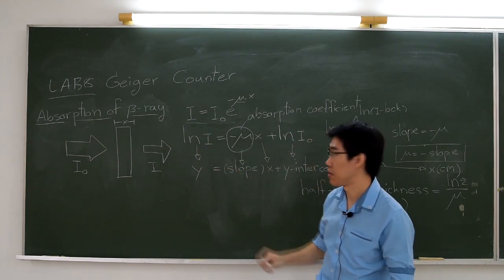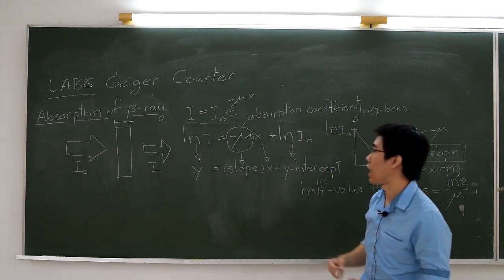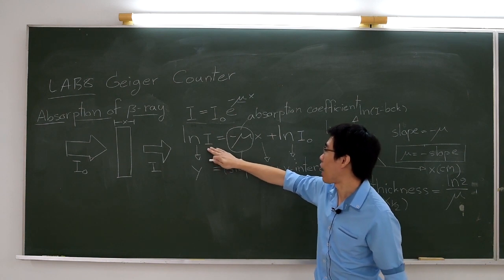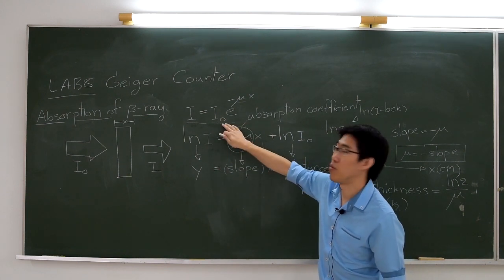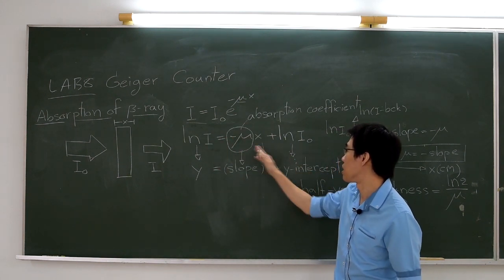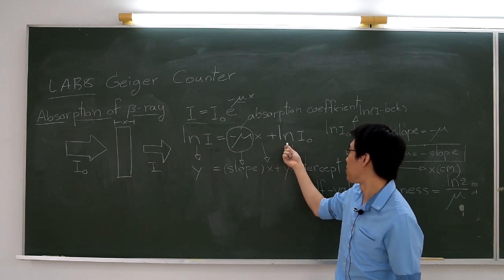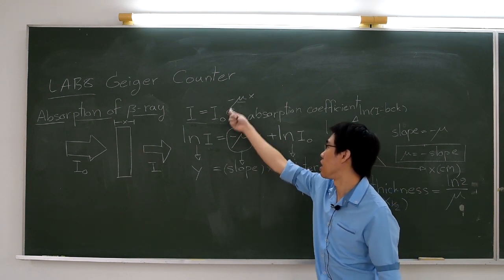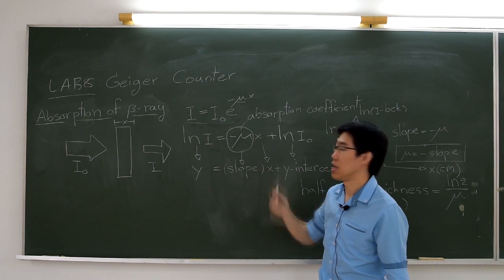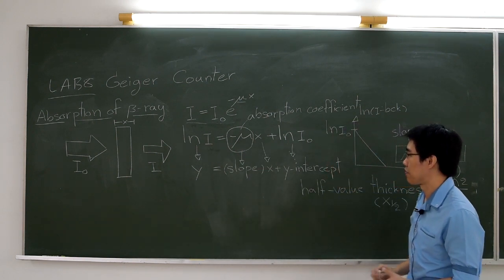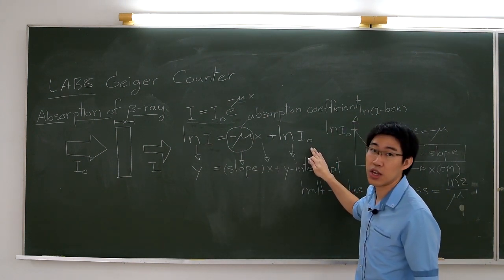The way that we can change the form, we will apply the natural logarithm to this relation. So we will get log of I, and on the opposite side we will get log I0 minus mu x.